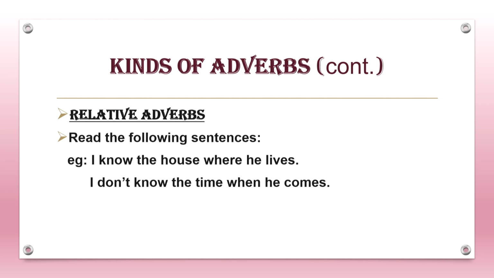So, in the first sentence, I know the house where he lives. The clause "I know the house" is joined with the clause "he lives" with the help of where. Similarly, in the second sentence, I don't know the time when he comes.